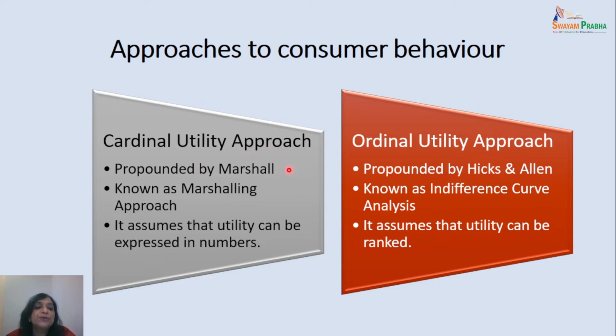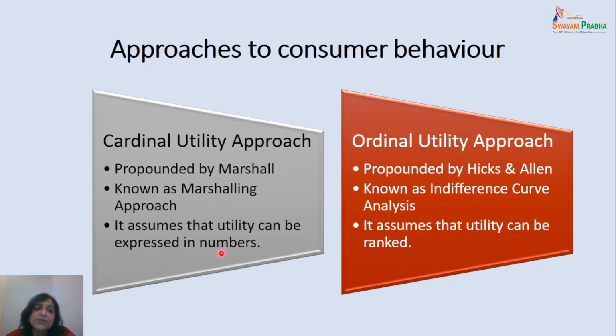Cardinal utility approach was propounded by Marshall. Therefore, it is also known as the Marshallian approach. Whereas the ordinal utility approach was propounded mainly by Hicks, and it is known as indifference curve analysis. What is the basic difference between these two approaches, cardinal and ordinal? Cardinal utility approach assumes that utility can be expressed in numbers.